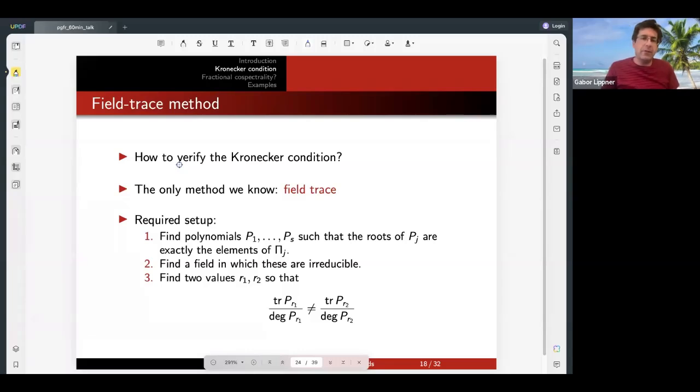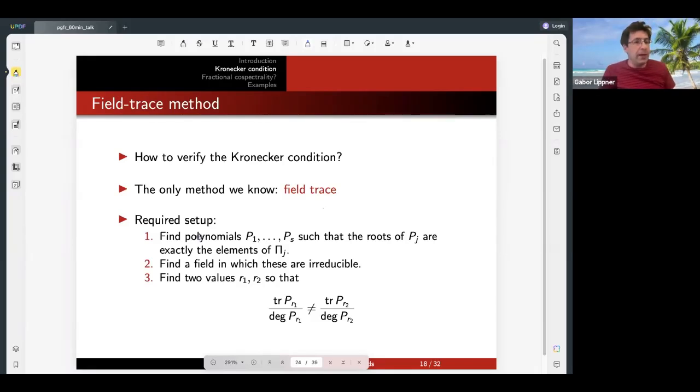Verifying the Kronecker condition is the weak point of this whole theory. And I only know one way of doing that, other than explicitly computing the eigenvalues, which can only be done in very few cases. If I don't have an explicit computation of the eigenvalues, the only method I know is this field trace argument that Mark and I came up with some years ago.